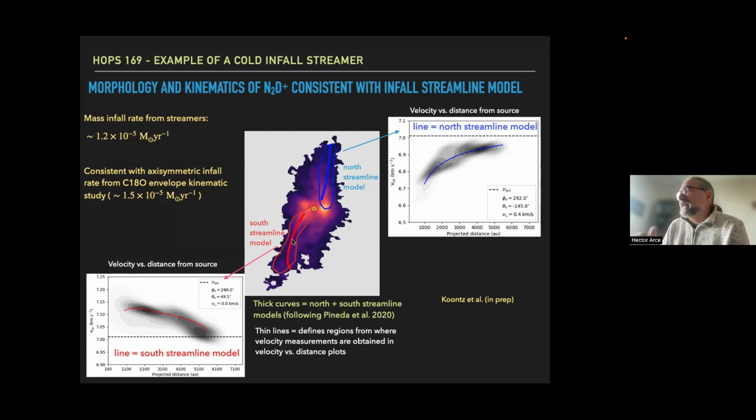But what we're saying is that it's important to take those infall streamers into consideration, because at least in this source, the amount of infall rate in the non-axisymmetric infall is similar to that of the classical infall, and so there's a range of material that is falling in to the protostar.